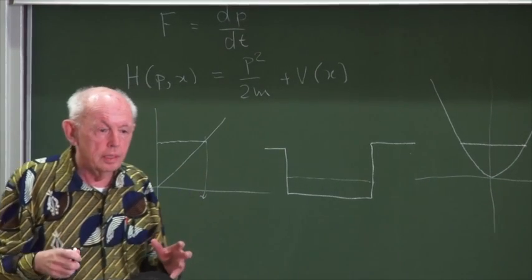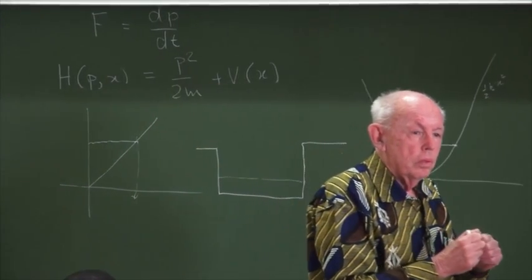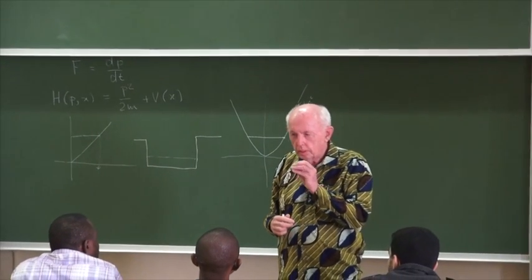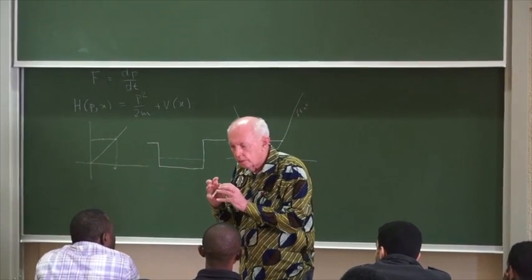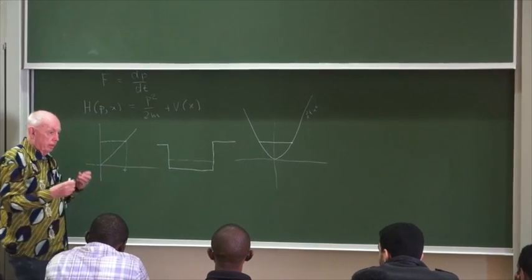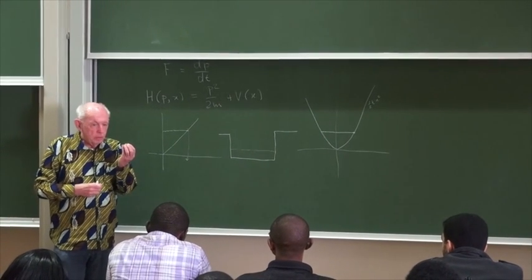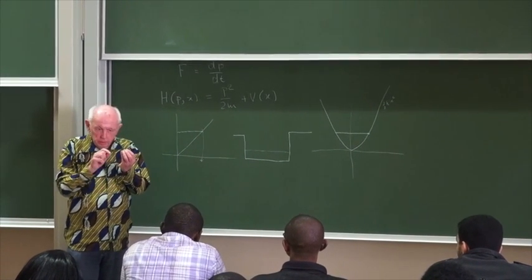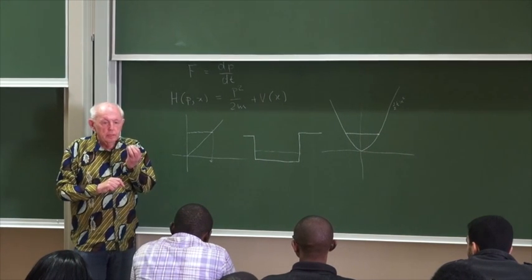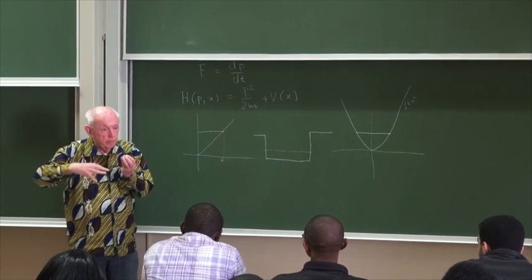And in both cases, our system was then not isolated, and we call that an open system. When we look at a system which is isolated, we call it a closed system. When it is an open system, the object which we investigate is not conserving energy. It's giving off energy to the environment.